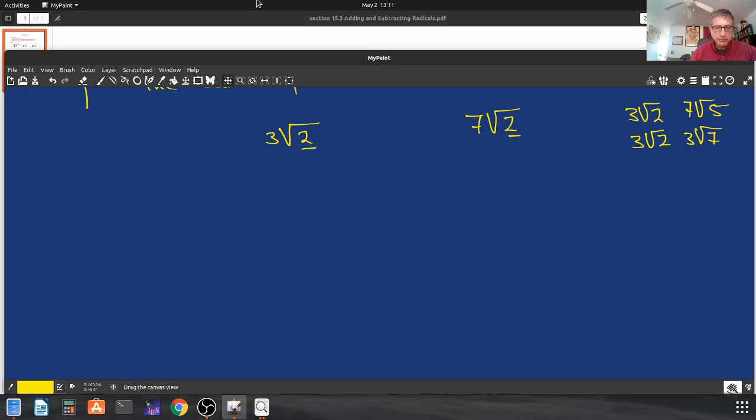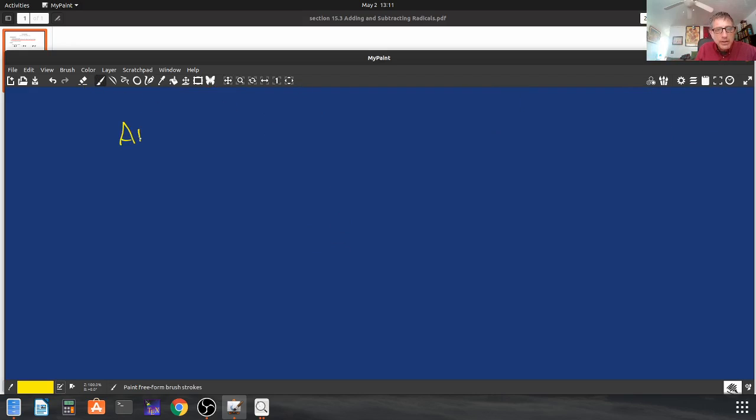So here we go. We want to add or subtract radicals. For you guys, that's just square roots.